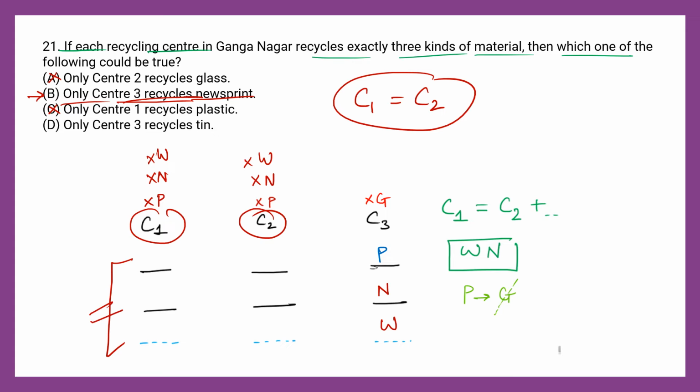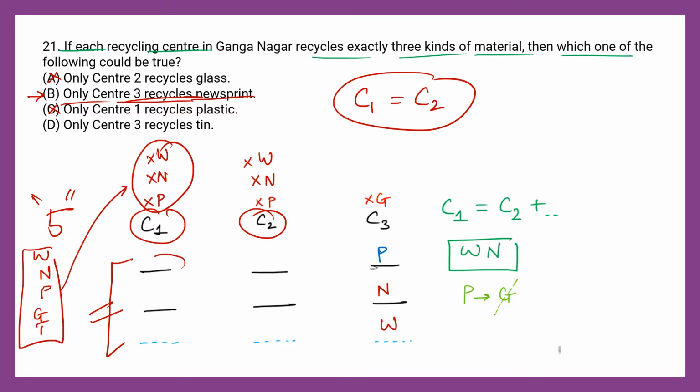You have a total of 5 kinds of material: W, N, P, G, and T. Out of these, 3 cannot be used, and you want to fill 3 spots.